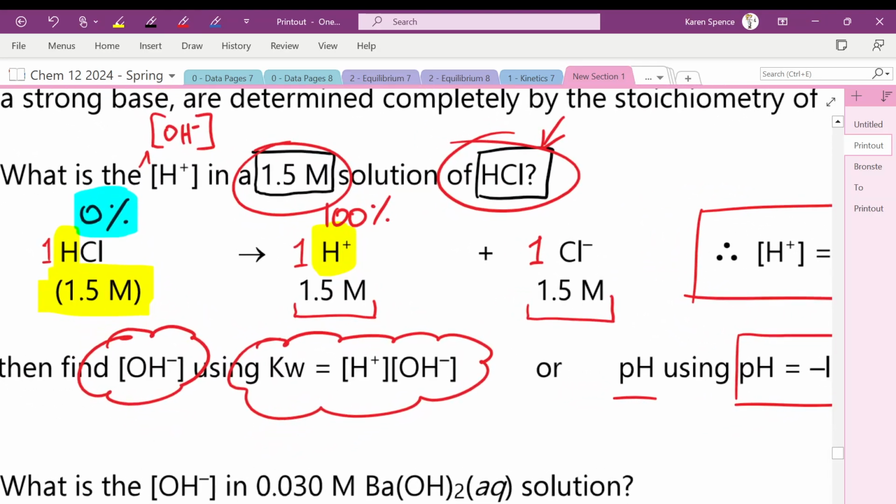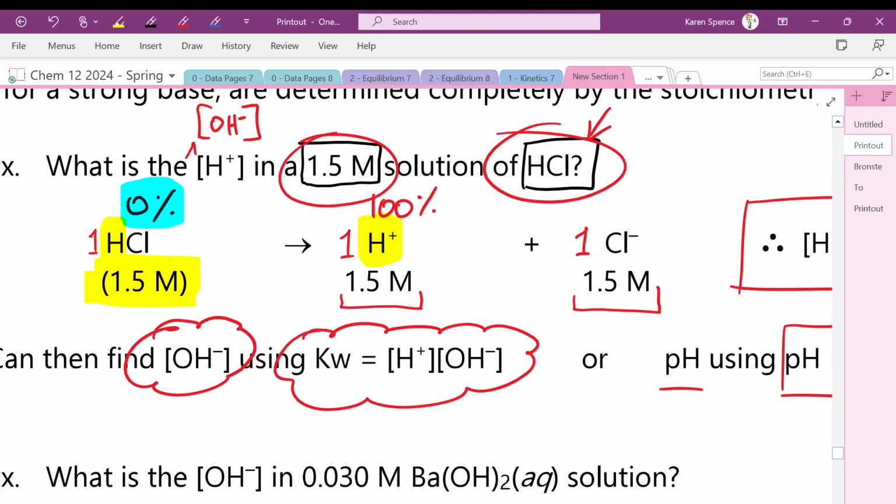All right, here we have another question. What is the hydroxide in 0.030 molar barium hydroxide? What type of substance is barium hydroxide? It's a base, and it is a strong base because it is a metal hydroxide.